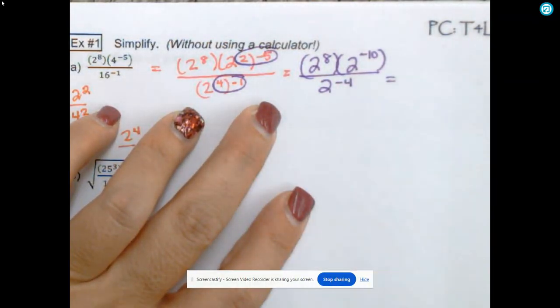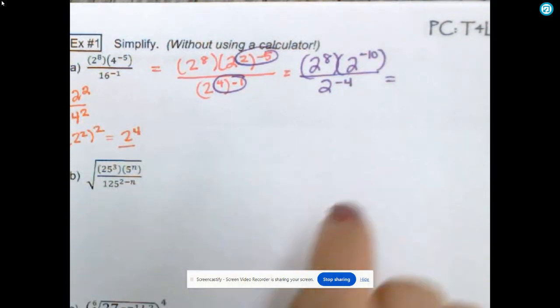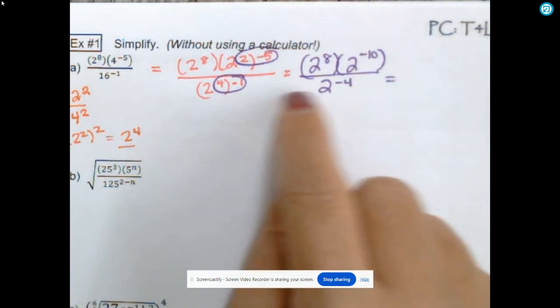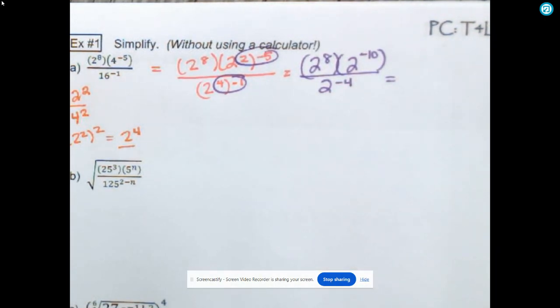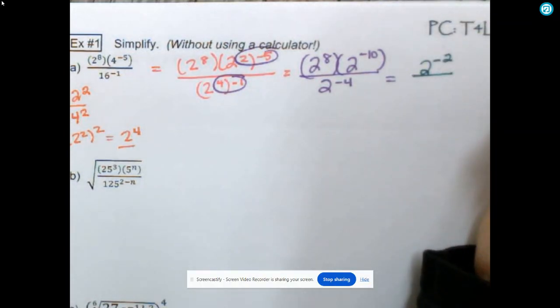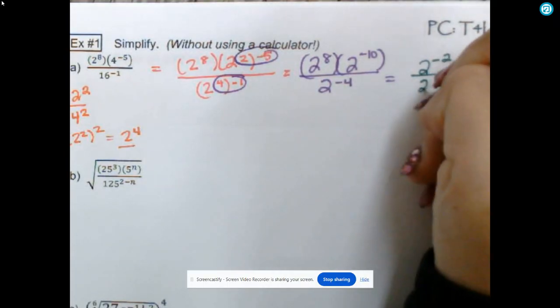Now I'm going to apply law number 1, where we multiply, so we add our exponents. 8 plus negative 10 is 2 to the negative 2 over 2 to the negative 4.